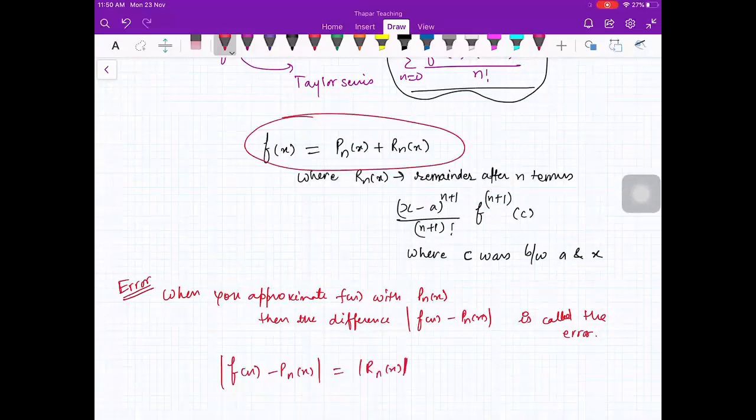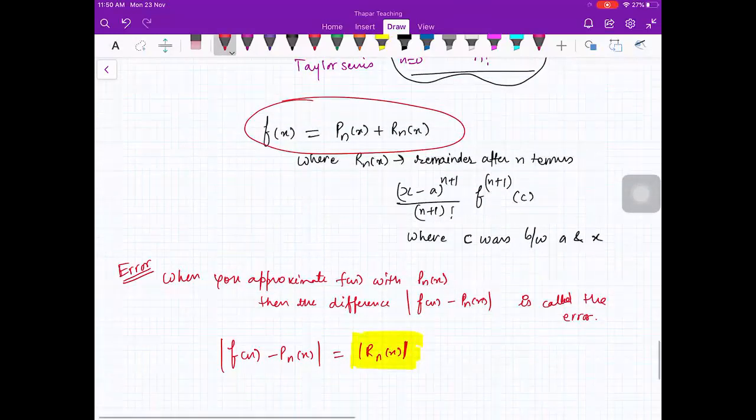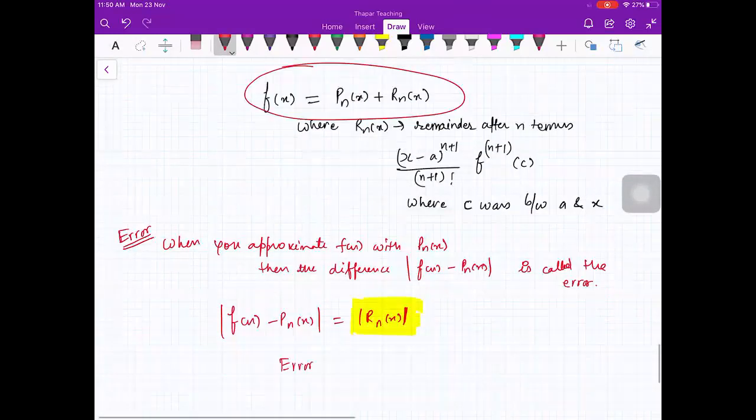So whenever you have to compute the error in all the problems, you were getting a bound on this quantity. So this is your error estimation theorem, that your error is equal to mod of Rn(x). So you get a bound on this remainder after n terms, and that is your error.